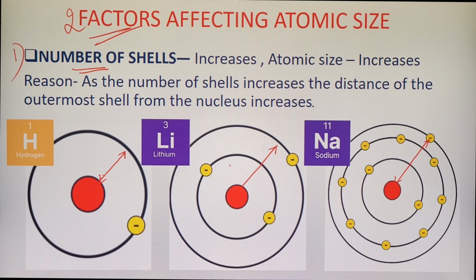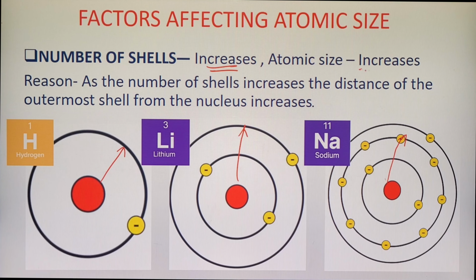You can see here the size will be small, here it will be a little larger, and here it will be the largest. So just have a look at the sentence that is written here, children. As the number of shells keeps on adding, what happens to the atomic size? The atomic size keeps on increasing.